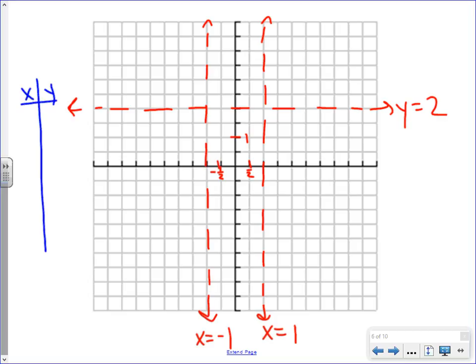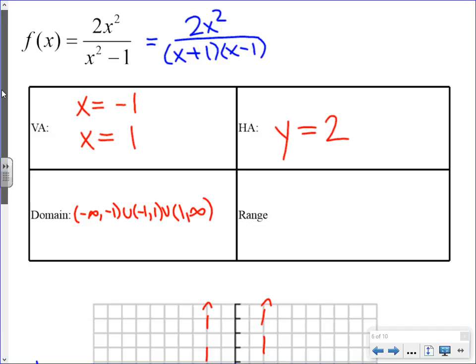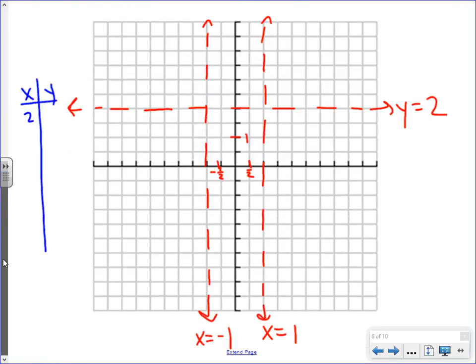To the right of 1, a nice number to plug in would be 2. When we plug in 2 to 2x squared over x squared minus 1, what do we get? What do we get? 8/3.